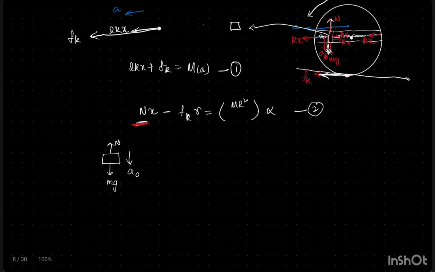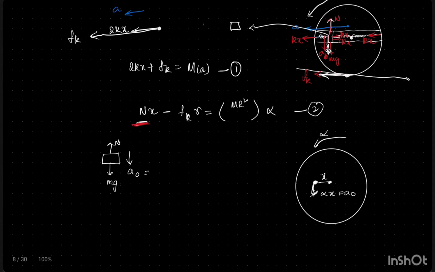I'll draw it again. So there is alpha, the angular acceleration, and this is the center of mass. If you see from here, downside, it is x distance, and the acceleration is alpha into x, which is equal to a naught.